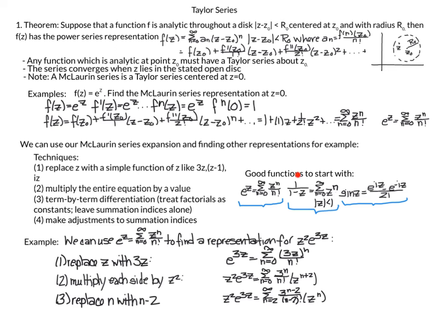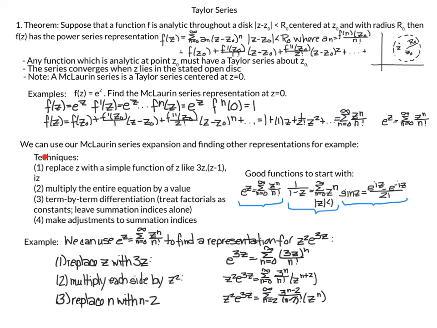Another good function to know, so you should definitely remember these, is 1 over 1 minus z is equal to the summation n equals 0 to infinity z to the n. And then the last one I think is really critical to remember is sine of z is equal to e to the iz minus e to the minus iz over 2i. And we start with these functions and we manipulate them until we get to the function we want.